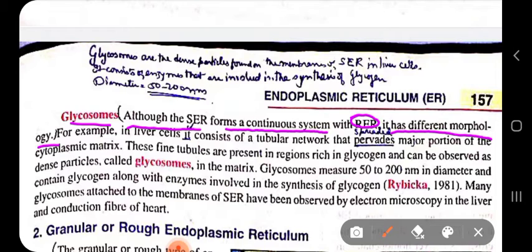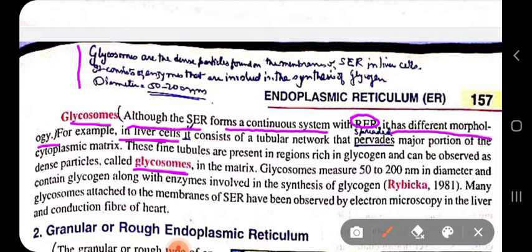Like what I have said about the glycosomes, they are found within the liver cells, and they are dense particles which are found in the membranes of the smooth endoplasmic reticulum, and they are involved in the synthesis of glycogen.